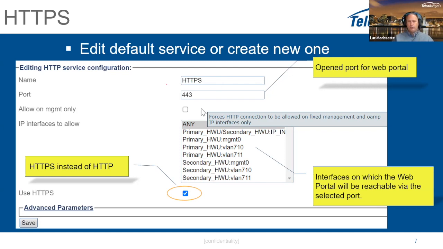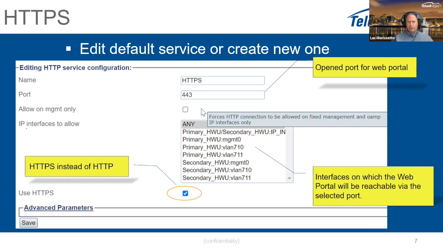If you want to use HTTPS instead, you can just create a new interface. You click here, use HTTPS, and then you can put a port. If you put 443, it's going to be the default HTTPS port, and then you can just put the IP address in the web portal. Or you can use any other ports here for more security.